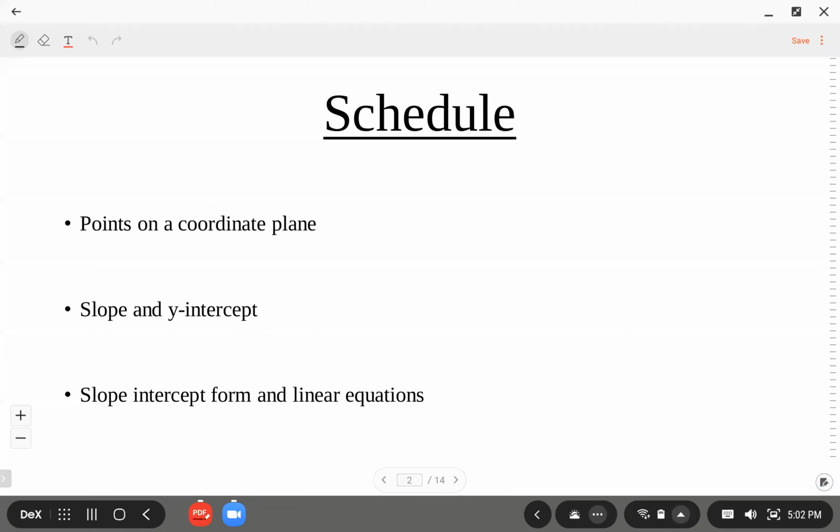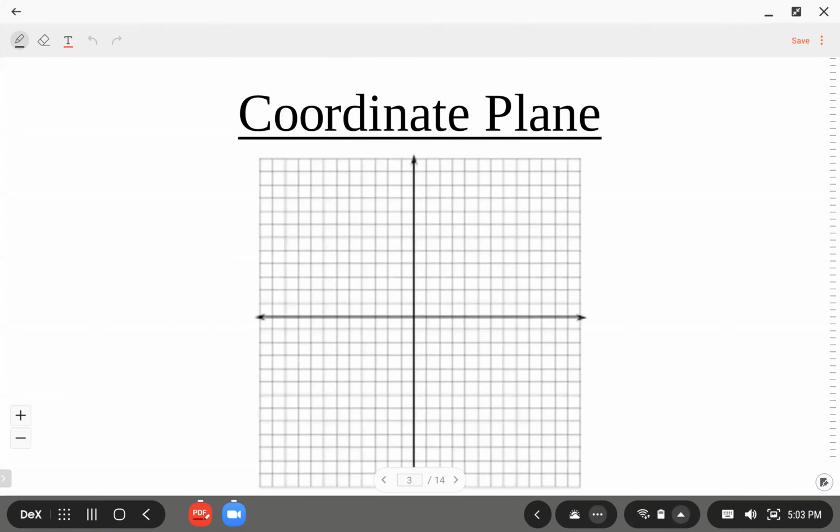And then we'll learn about slope and y-intercept. These two skills will build up to our final subject on our schedule, which is studying the slope-intercept form in linear equations. Okay, so let's first start with a small review of the coordinate plane.